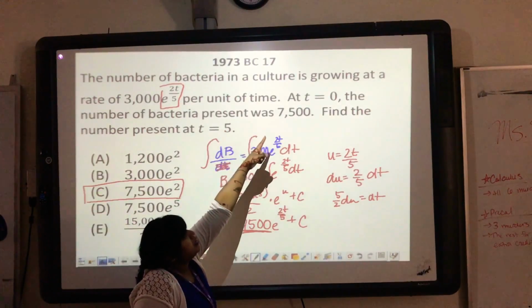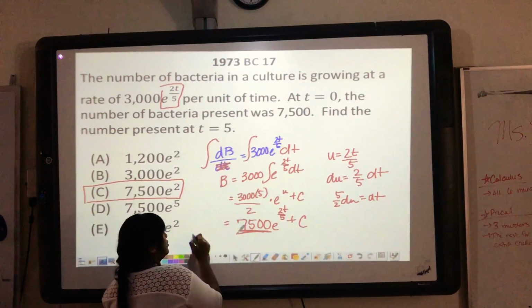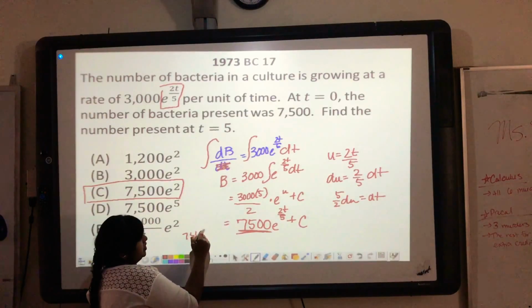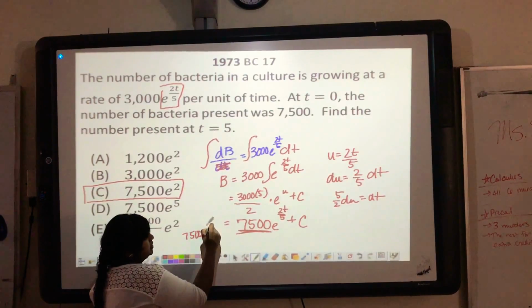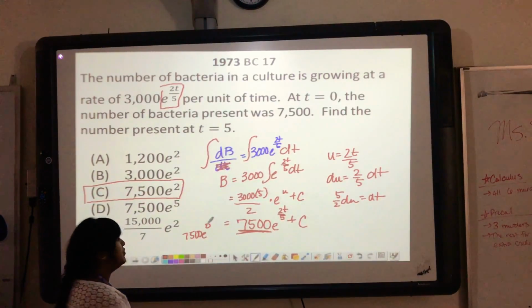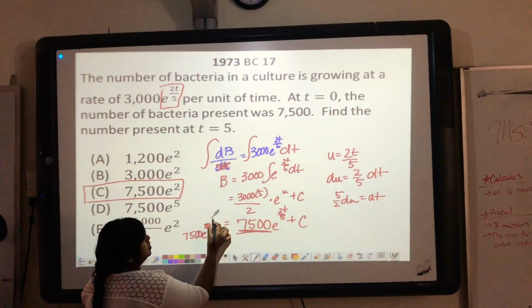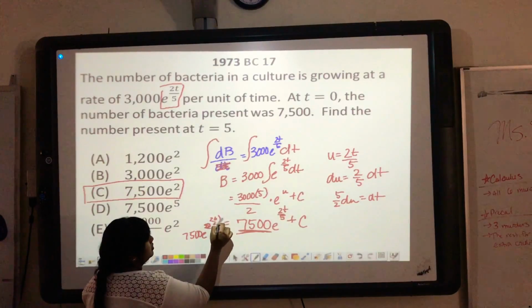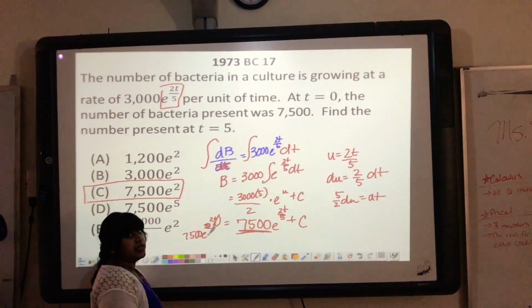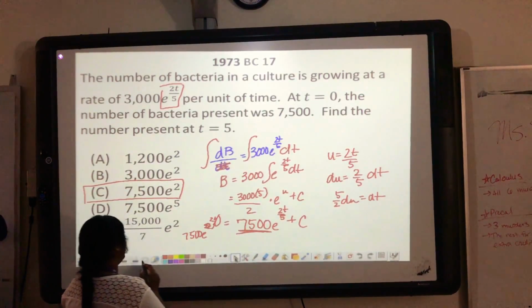You say, okay, no matter what, it's going to be 7,500 at 0. It's going to be 7,500 times e to the 0. That's what it's saying. So then if I plug in this value at 5, then that becomes 2 times 5 over 5. Cross it out, so 7,500 e squared. And there we got it.